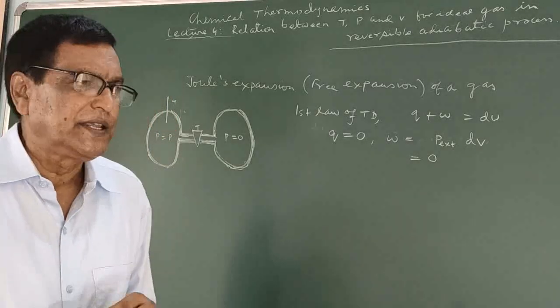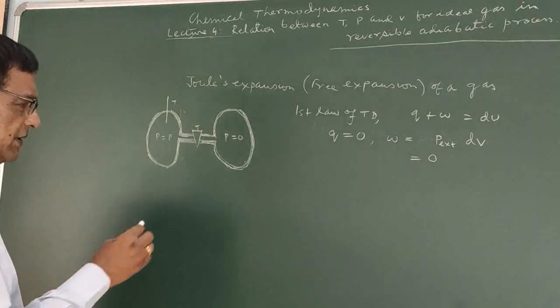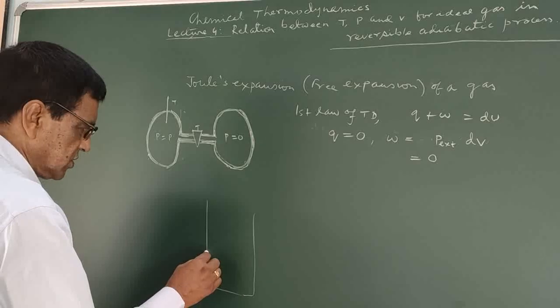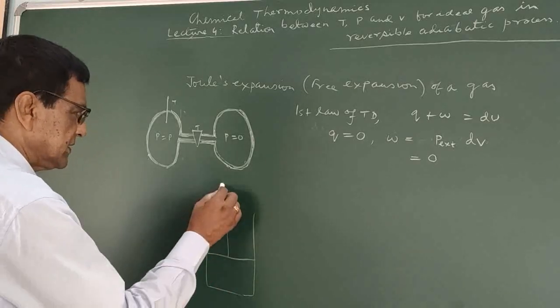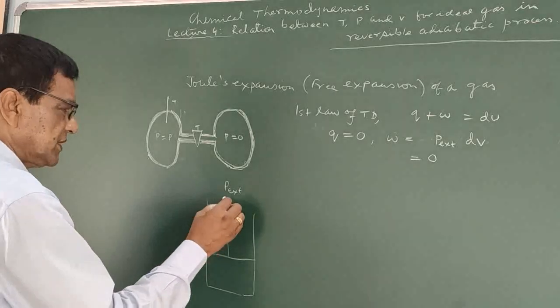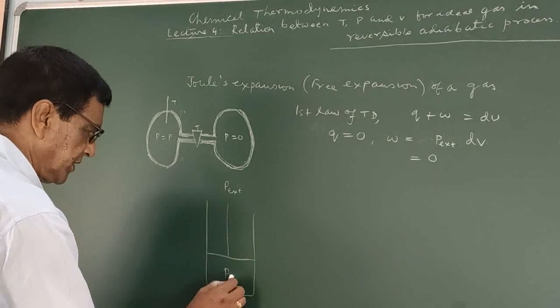I can explain here. In the case of an adiabatic system, in the case of a reversible process, this is P external, and this is P internal.